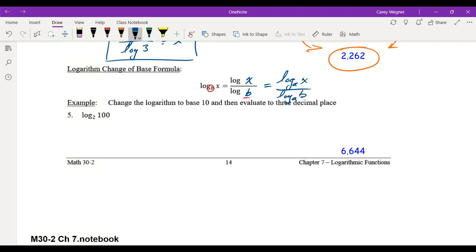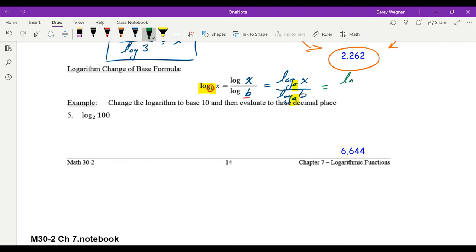So I could choose a base of 3. Like in the previous question, we had a log base 3. So if this was log base b of x here and we wanted to evaluate it, I could do log base 3 of x divided by log base 3 of b. As long as those two bases are the same value, then we can use this change of base rule. Another one that we could use with our calculators is doing a natural logarithm.